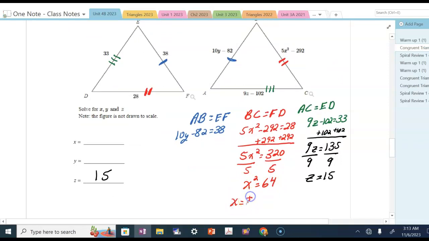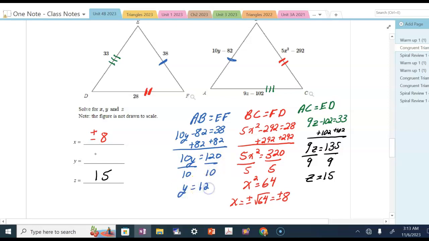So x is plus or minus the square root of 64, which is plus or minus 8. And then for the blue equation, we'll add 82 to both sides. So 10y is 38 plus 82, which is 120. Divide by 10, and y is 12.